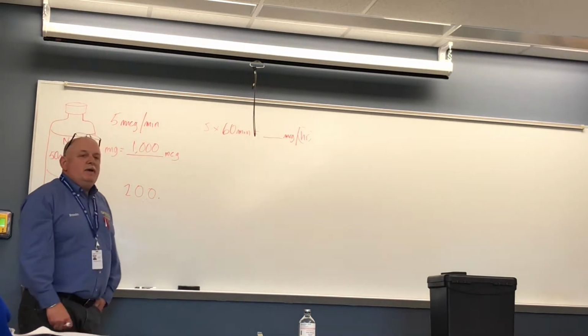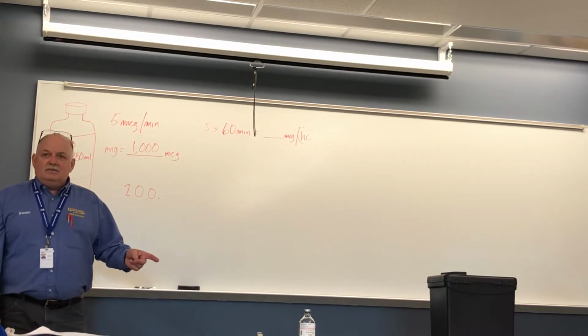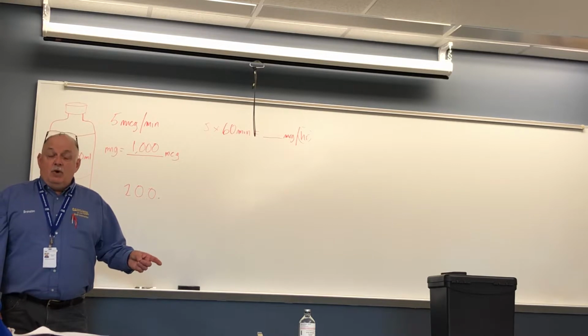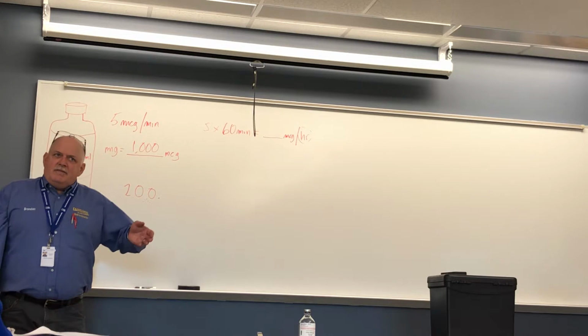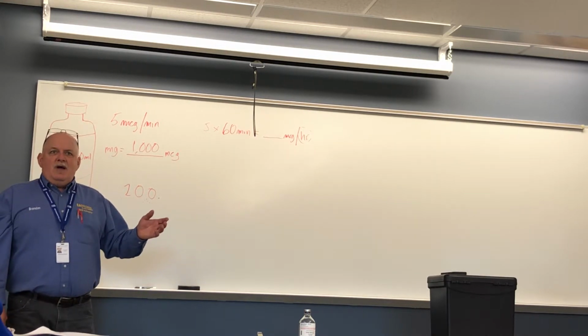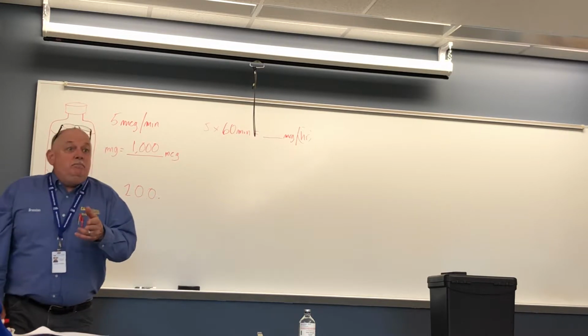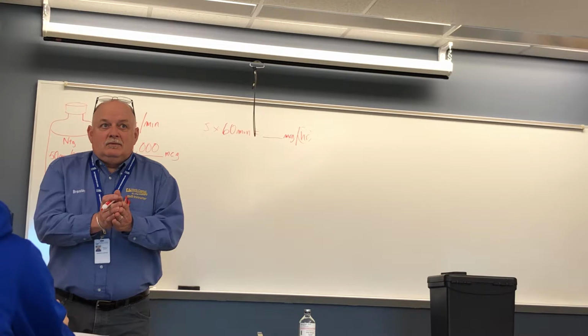What's the first step in med math? Concentration. What is the concentration of that vial? 200 mics. And he's gonna get 300 over an hour. So how many mics would be in 2 mLs? 400 micrograms.